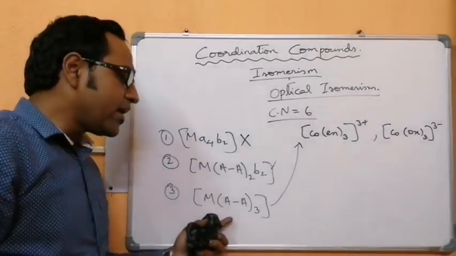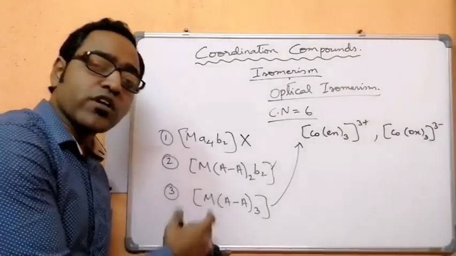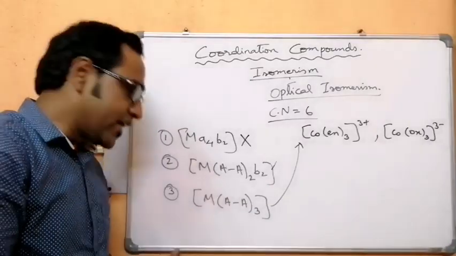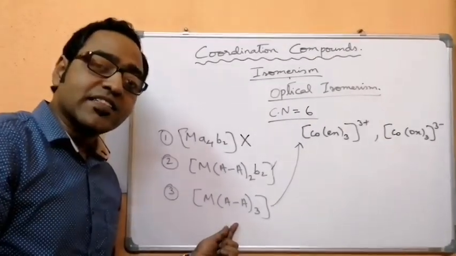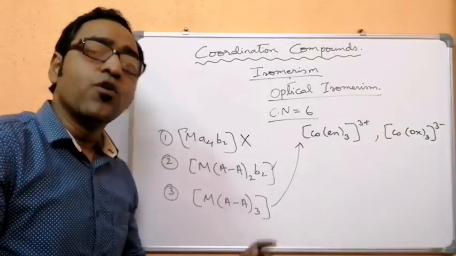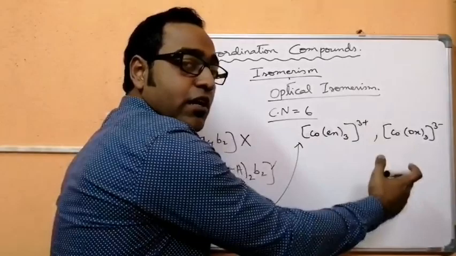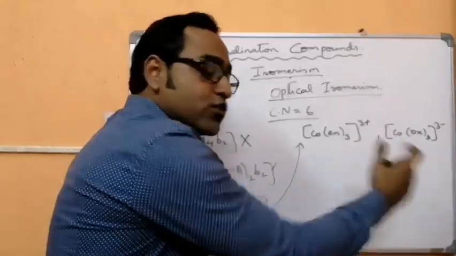Now this MAA whole thrice, it does not have any geometrical isomer, it has only optical isomer. That means the molecule can exist either in dextrorotatory form or in levorotatory form. So we will draw the structure and we will draw the enantiomer also.